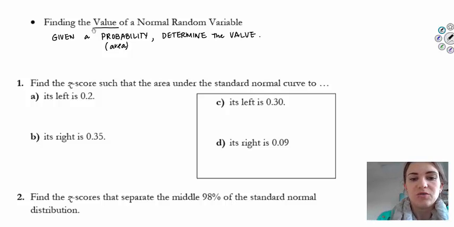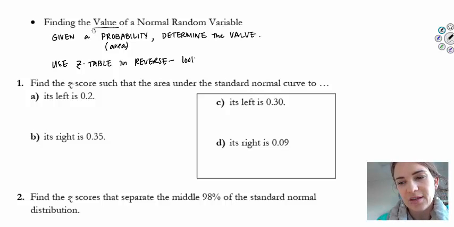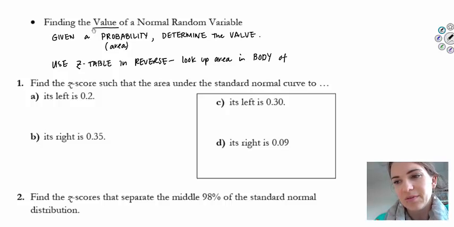So to do this, we need to use the z-table in reverse. And by reverse, I mean we have to look up the area, find the area in the body of the table, and then read the associated z-value.